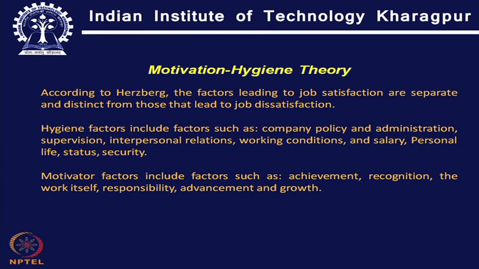The hygiene factors include company policy, administration, interpersonal relations, working conditions, etc., which are external to the job. Motivators include factors like achievement, recognition, the work itself, responsibility, and advancement for growth.